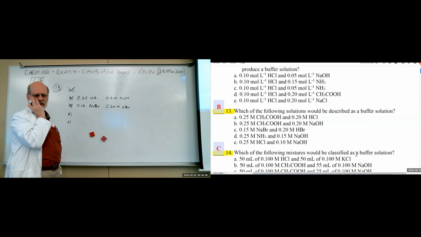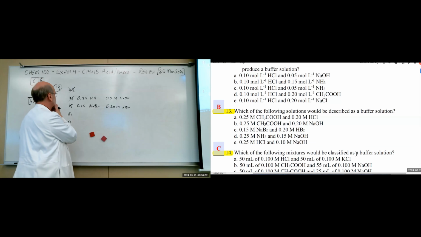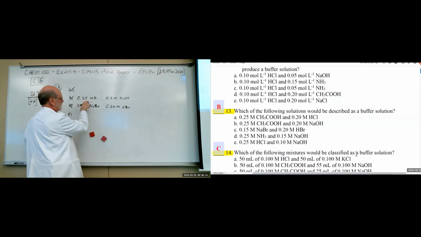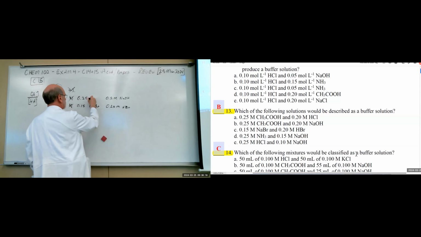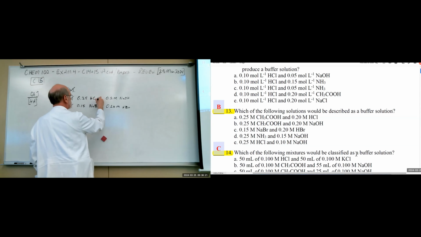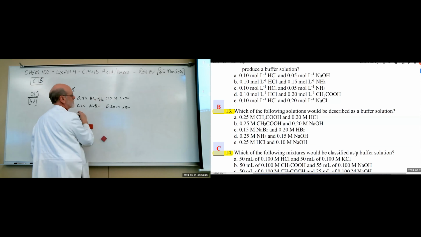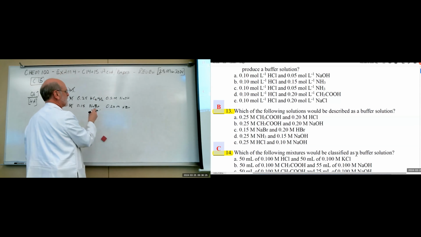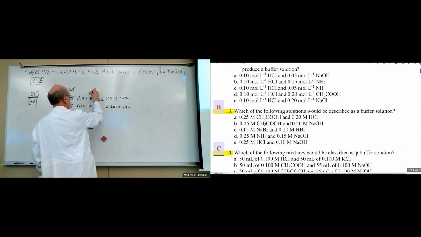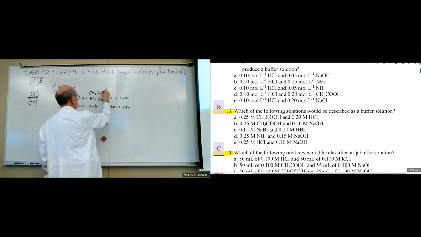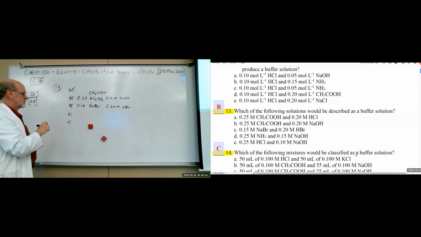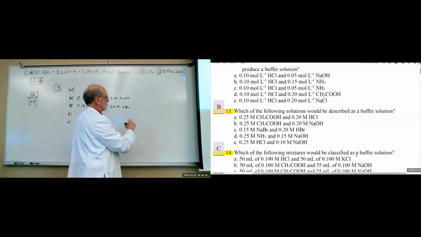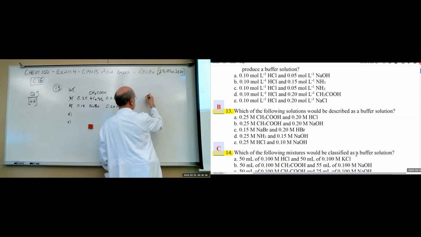Now, why does it say B? If we react, let's go back to this one. C2H3O2H, or CH3COOH. Did I show you that one before? That's another way of writing acetic acid, which gives you a little information about the structure.